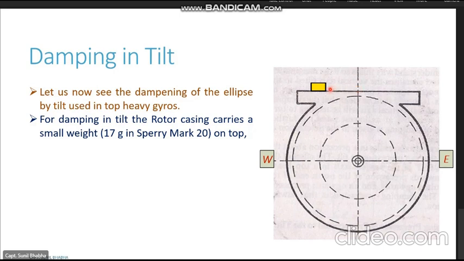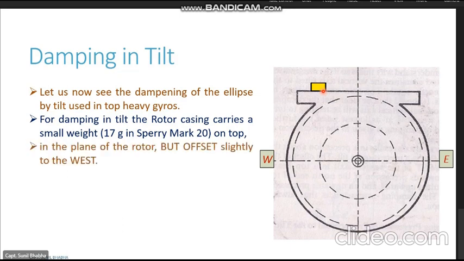And this weight which we are placing now, the weight highlighted in yellow color, is much smaller, and it weighs only 17 grams. So the rotor casing carries this small weight, 17 grams, on top.